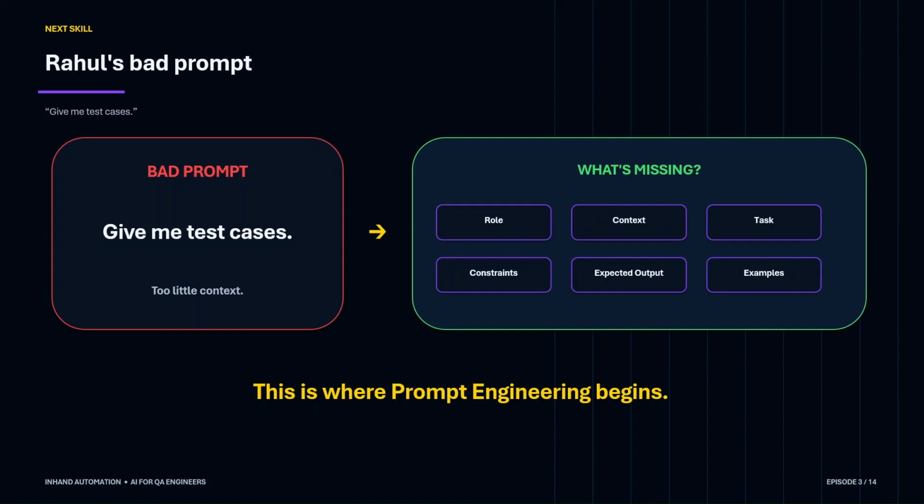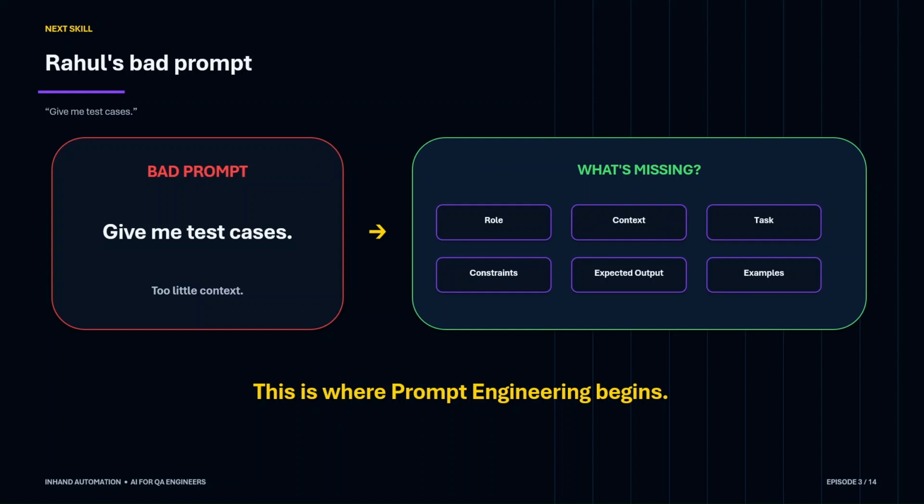So Rahul simply gives a prompt which says, "Give me test cases." AI generates something and then Rahul complains. These are very basic points, but think about it. Rahul never told the AI what application he is testing, what the requirement is, what kind of testing he wants, and what format he expects.